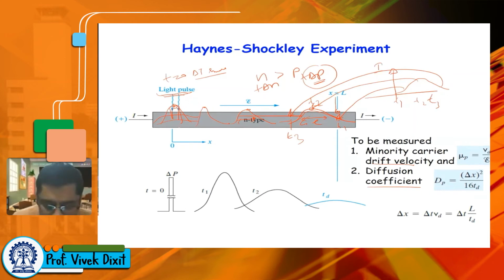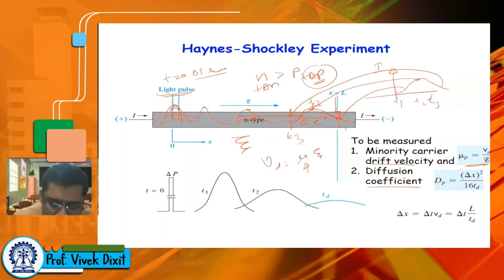But what is happening is this pulse of carriers is moving and spreading. When you measure the peak current appearing at some time t, from this you can find out the drift velocity. If the applied field is E, the drift velocity Vd will be mu times E, so from this you can get the mobility.